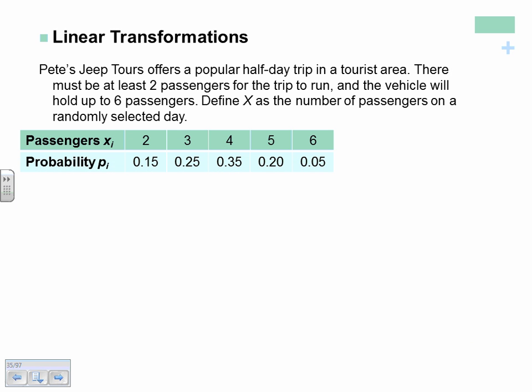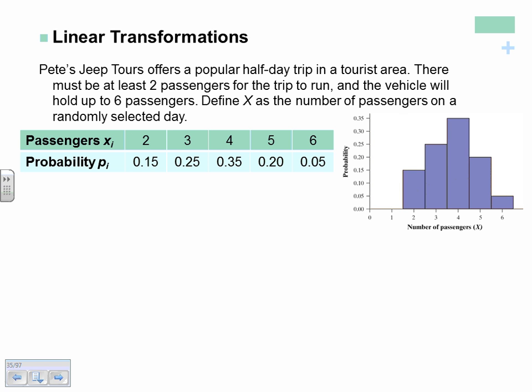So let's look at this example. Pete's Jeep Tours offers a popular half-day trip in a tourist area. There must be at least 2 passengers for the trip to run, and the vehicle will hold up to 6 passengers. Define X as the number of passengers on a randomly selected day. So here's our probability distribution, and we can make a nice little graph of what it would look like.